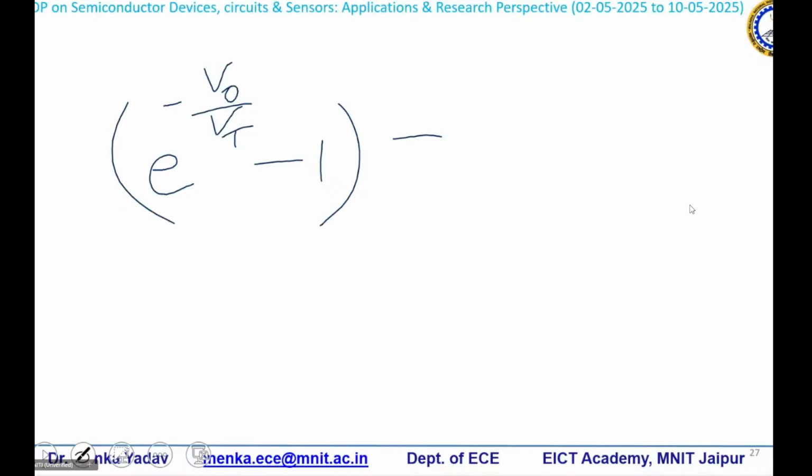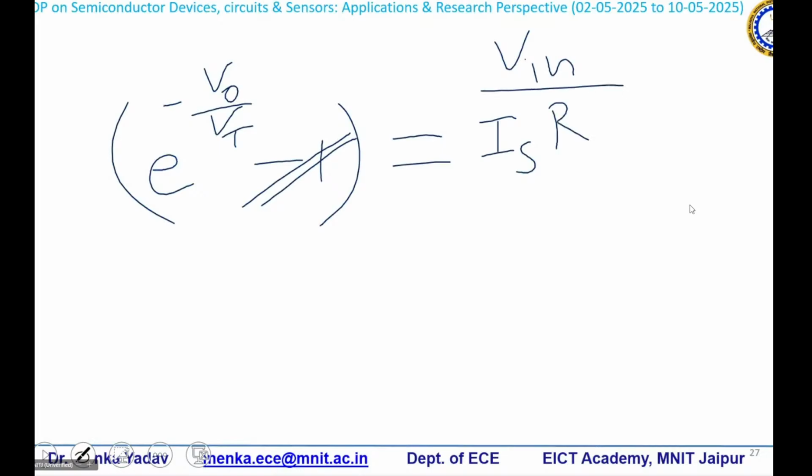Because the current was good enough, we can remove this 1. So we are left with V in upon Is into R. Yes, I have taken Is from here to here.